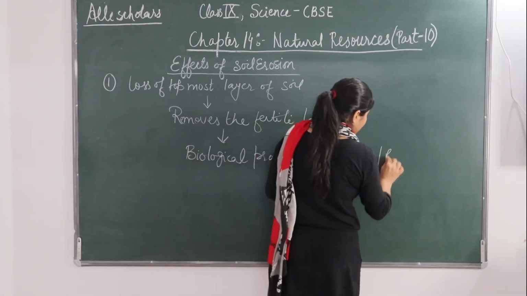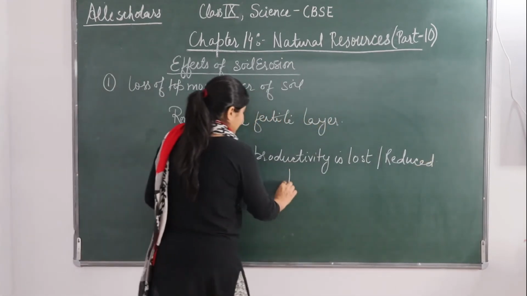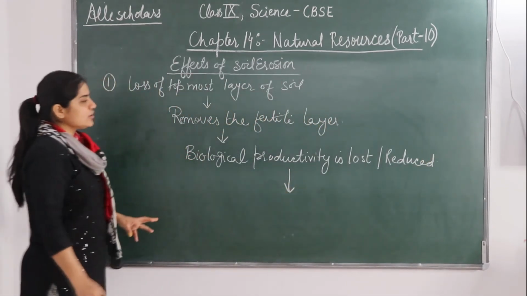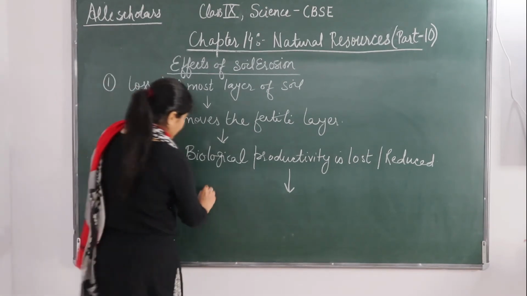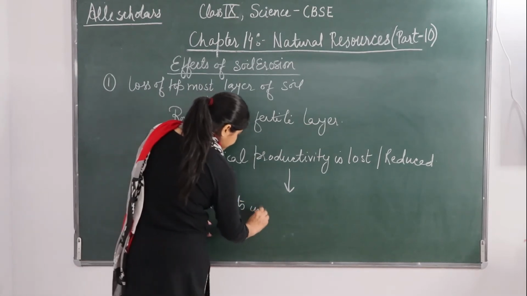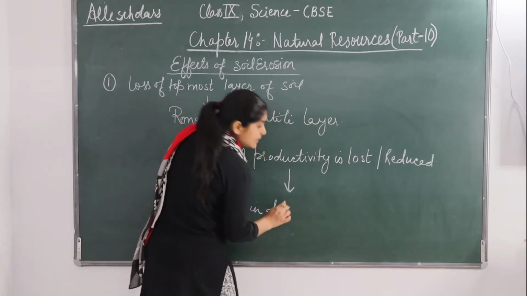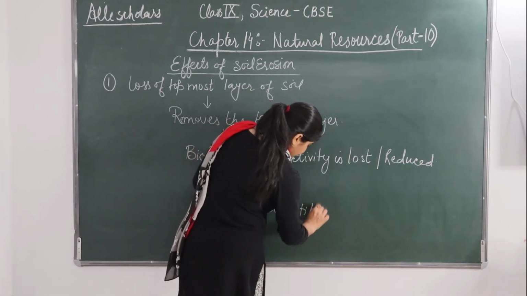Is lost or reduced. So if the biological productivity is lost or reduced, it is going to result in desertification. Desertification.